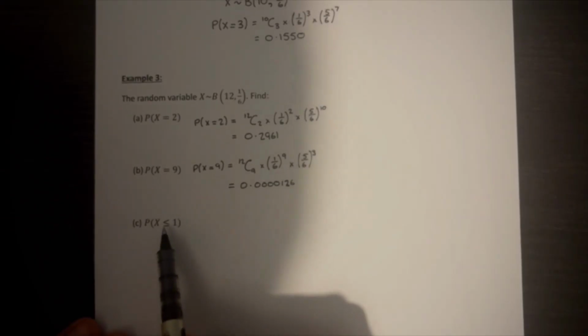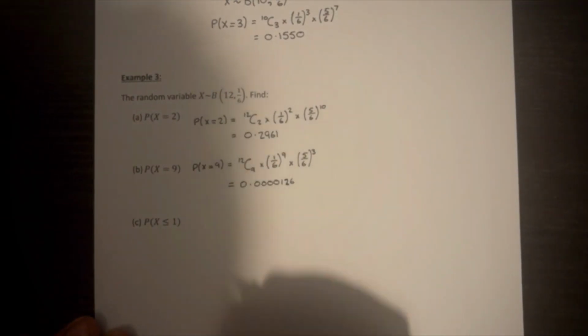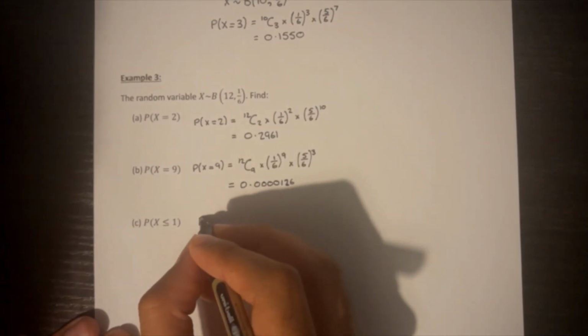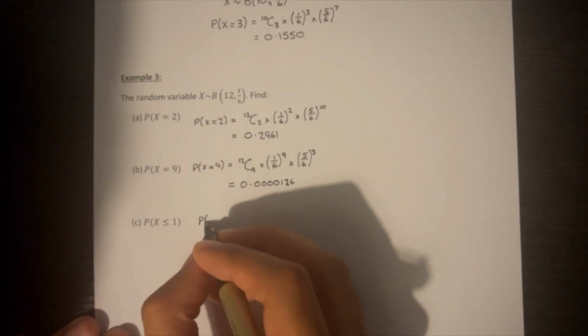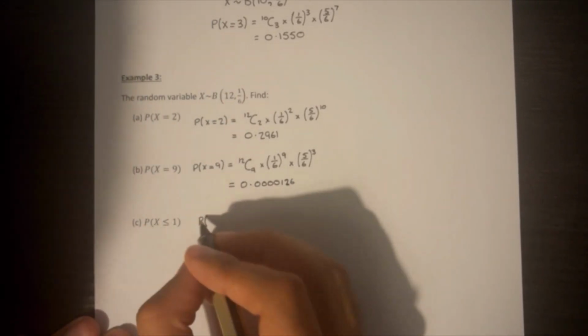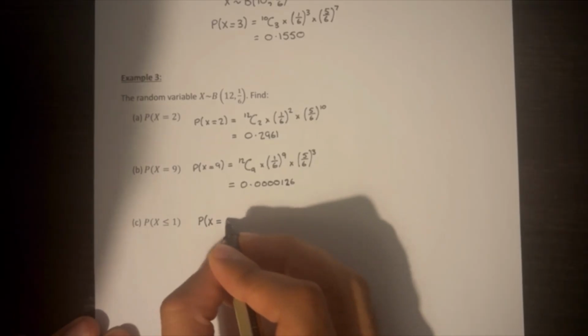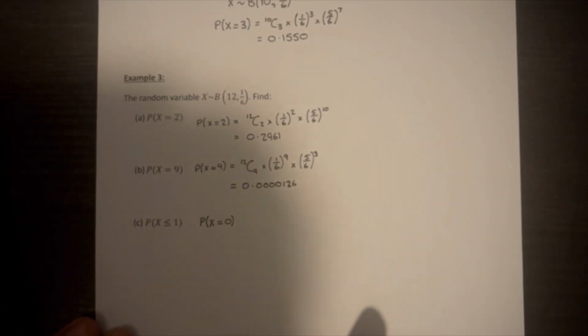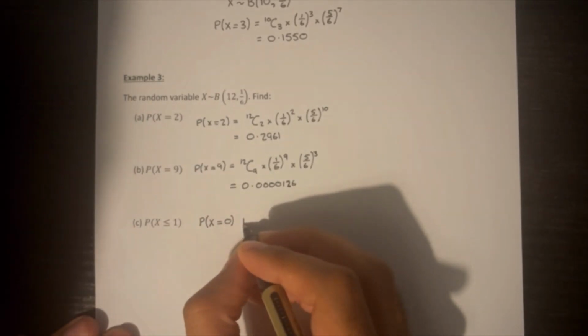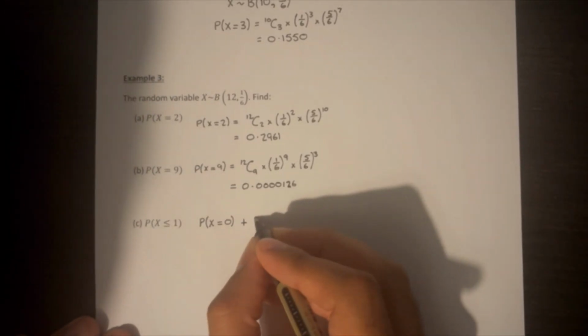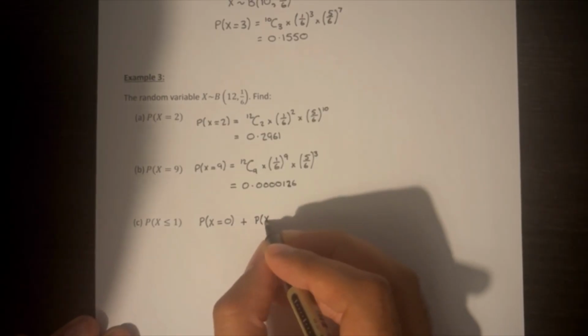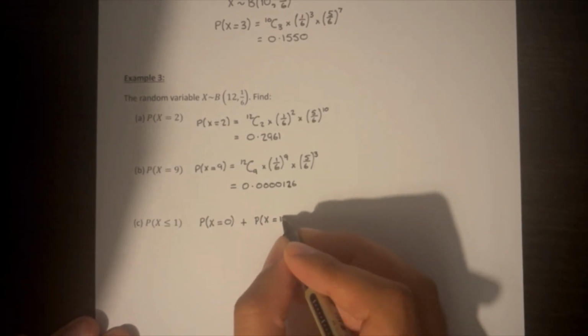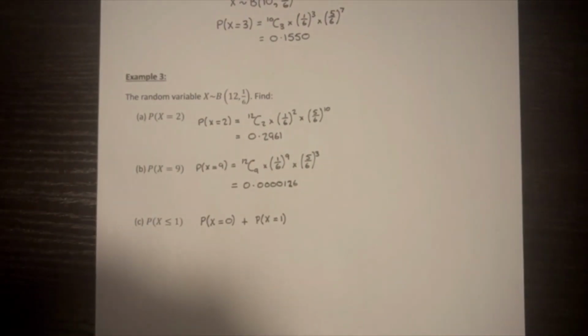On this though, since it's less than or equal to 1, the possibilities are either that x is equal to 0 or x is equal to 1, because we either have 0 successes or we have 1 success. They are the 2 possibilities.